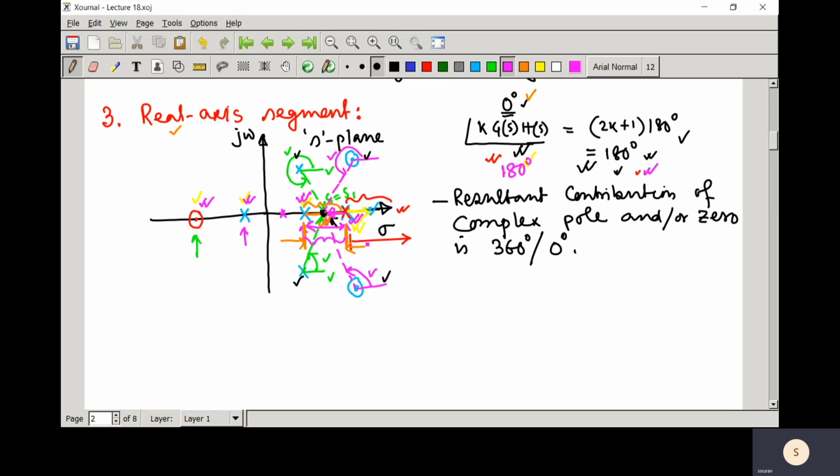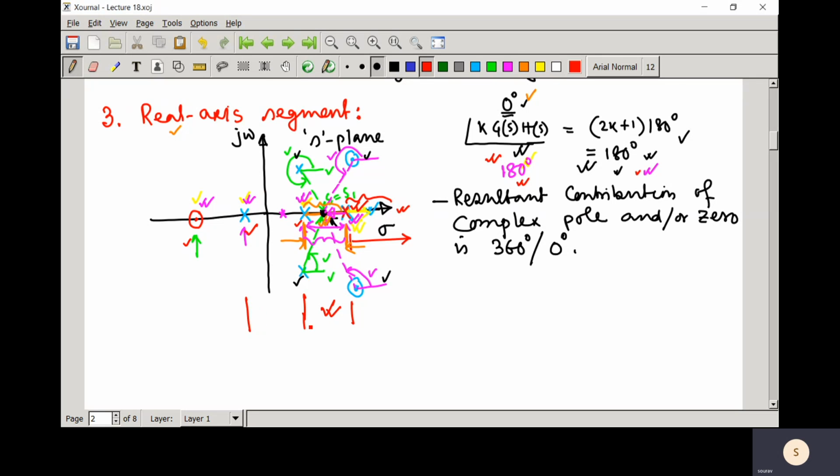That means this particular pole is contributing 180 degree, and the other poles, this pole, that pole, and this zero, are contributing 0 degree. So we have seen that from here to here, this particular portion belongs to the root locus. The reason is it satisfies this angle condition.